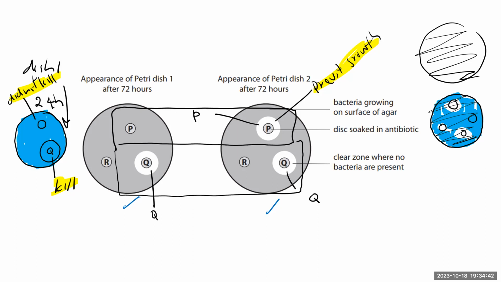You completely forgot bactericidal and bacteriostatic. At least you can check Q, it killed all, and P killed these two. So the answer is antibiotic Q is bactericidal, antibiotic P is bacteriostatic.